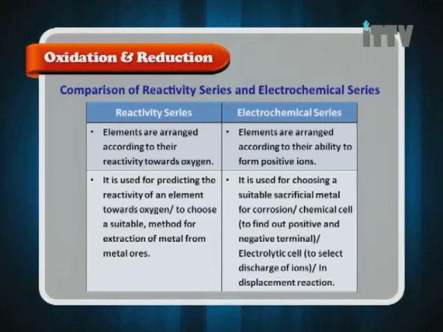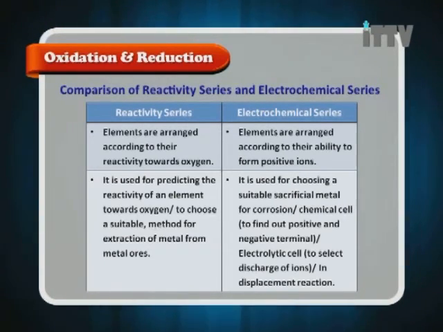In the reactivity series, elements are arranged according to their reactivity towards oxygen, and it is used for predicting the reactivity of an element towards oxygen, or to choose a suitable method for extraction of metal from metal ores.